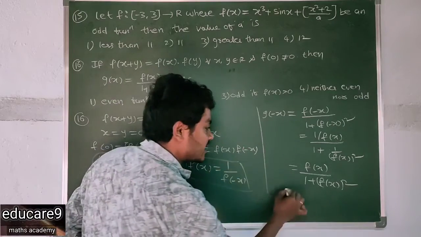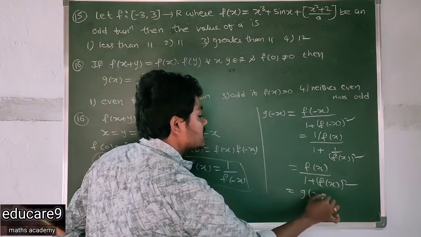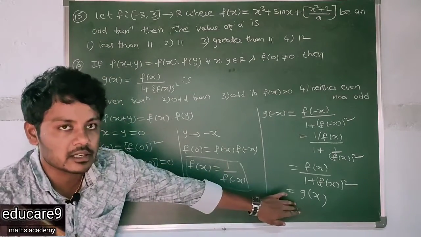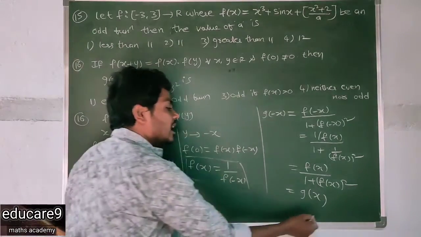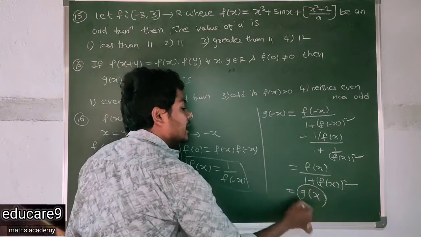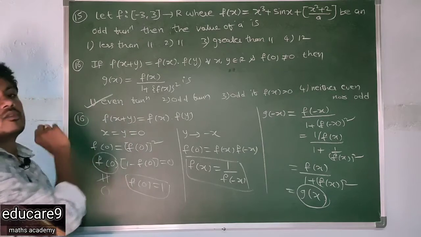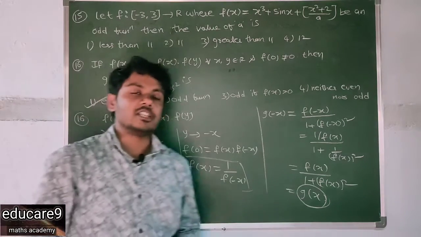So what is this function? g of x. So therefore g of minus x is g of x. So in this case g of x is an even function. So clearly option 1. So solve these problems.